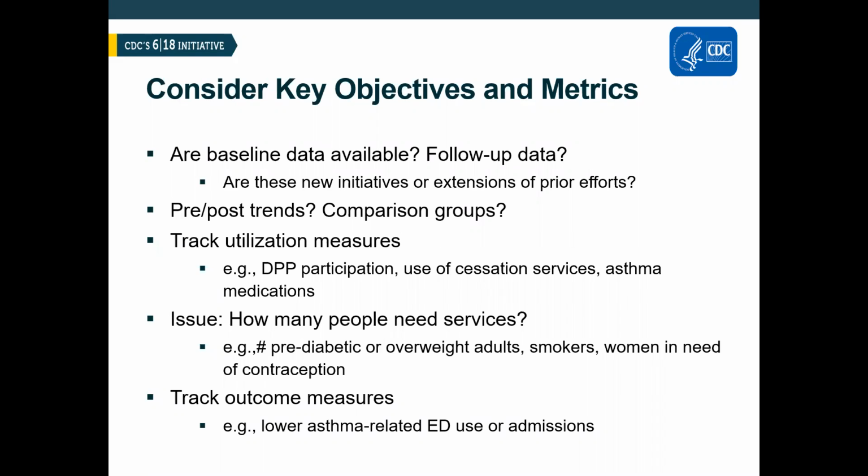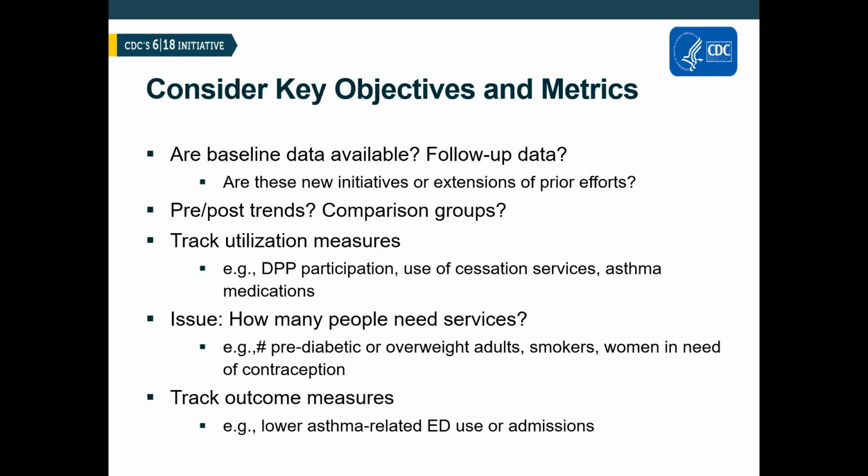These are some considerations as you think through the types of outcomes you are trying to demonstrate and what metrics would help you demonstrate those outcomes. Also, think about what data is available. So, for example, as you, let's say, have conversations between Medicaid and public health around what's available, you might ask yourselves questions such as, do you have baseline data?